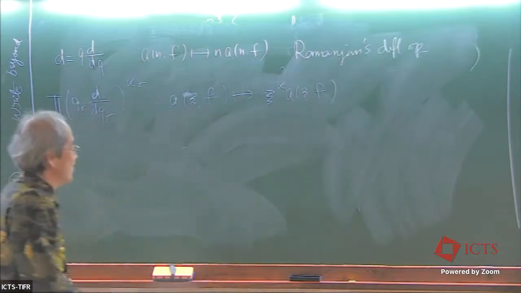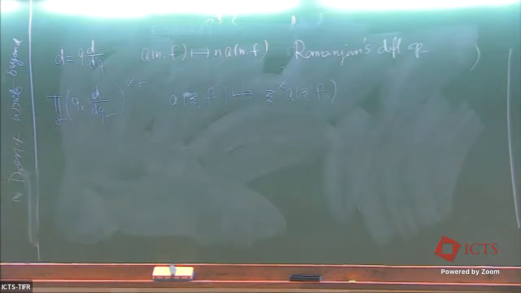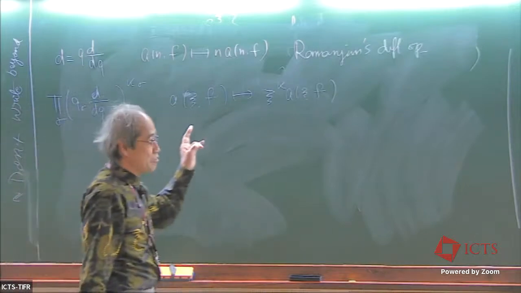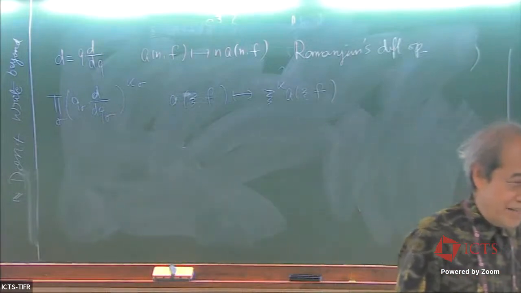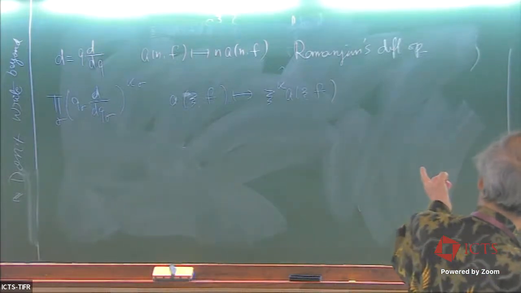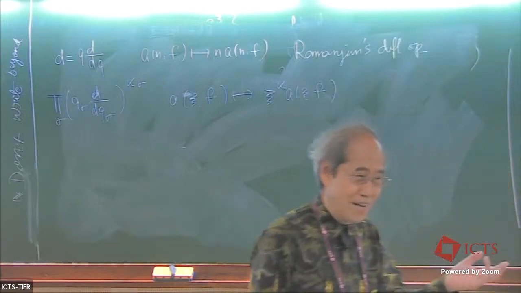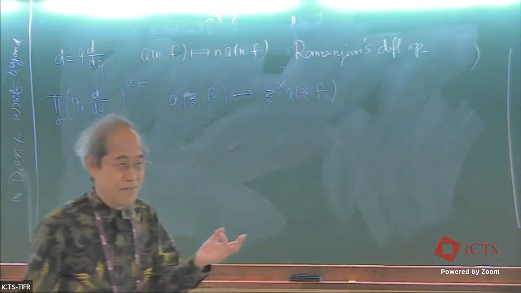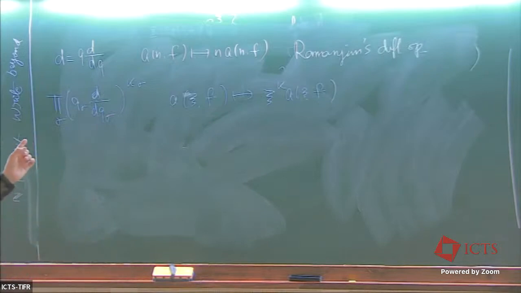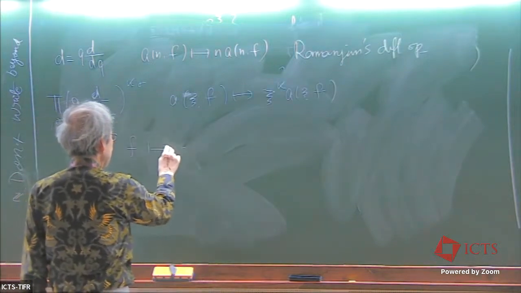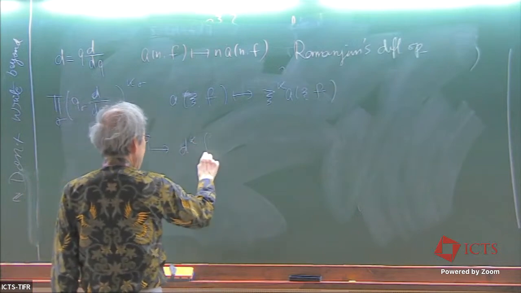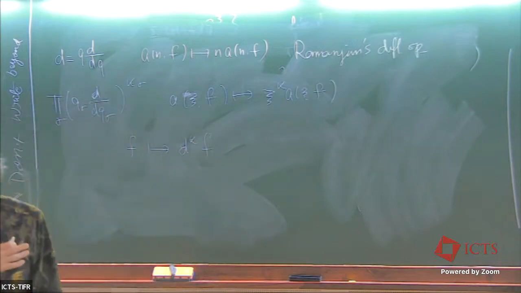And miraculously, this is an algebraic operation. A p-adic modular form with this applied is a p-adic modular form again. So a mod p modular form with this applied is a mod p modular form again. Of course, Ramanujan never knew that, but he somehow, in some sense, knew that this is an algebraic operation. And so if you change F to this kind of thing, then it's still a p-adic modular form.